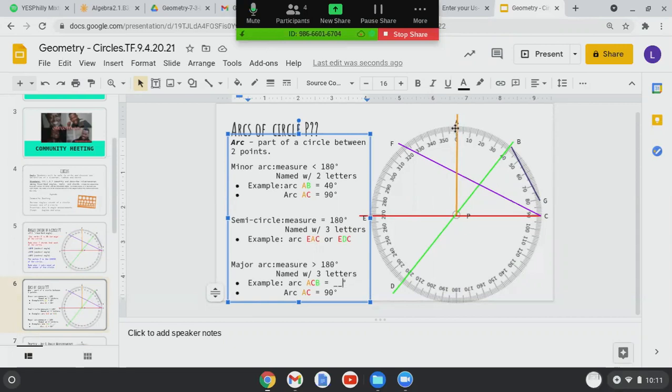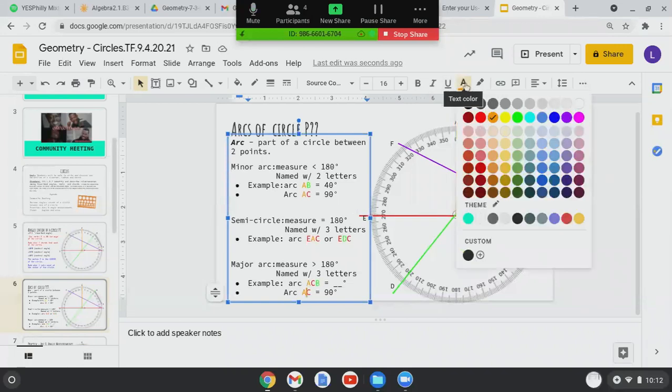If we looked at the minor arc AC, then for its major arc, I will use D to name the major arc.